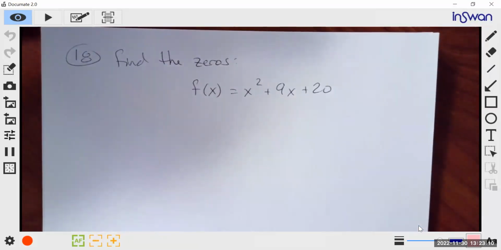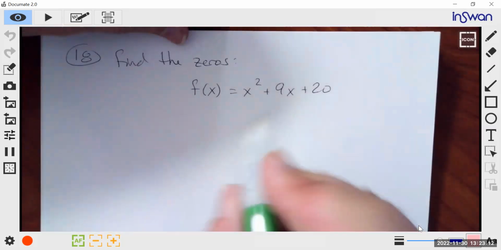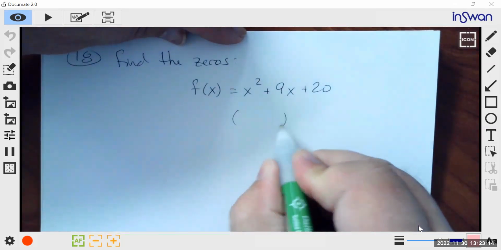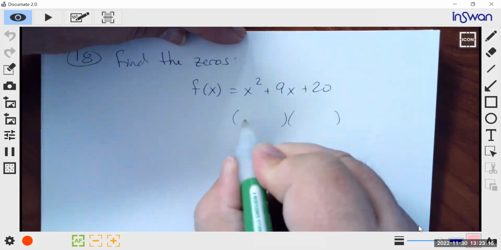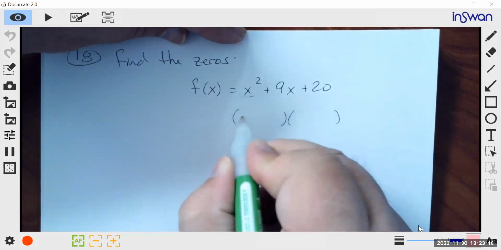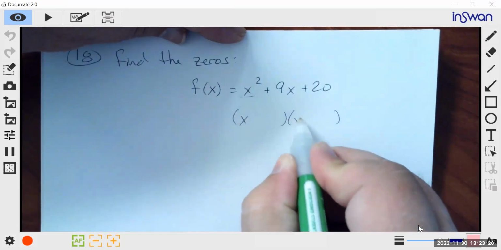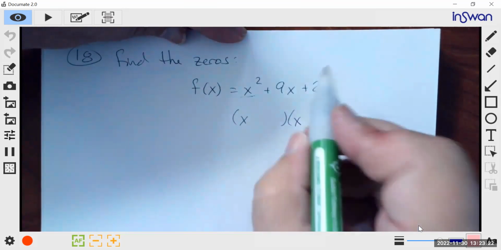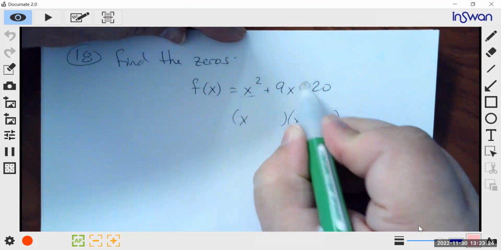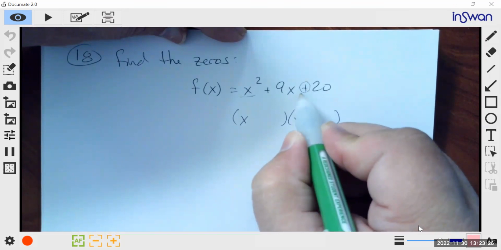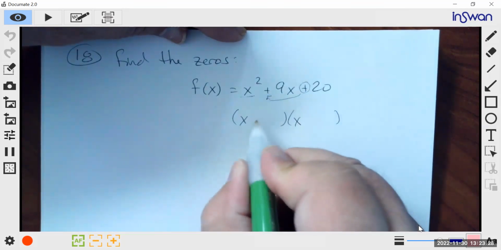We can try to factor it or use the quadratic formula. Let's first go ahead and try to factor it. What makes x squared? x times x. The second sign is a plus, which means they're both the same. They're both going to be the first sign. They're both pluses.